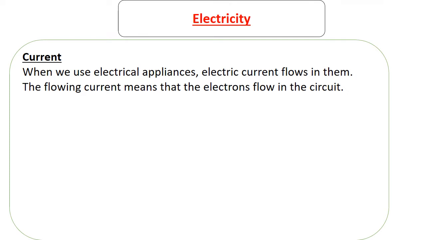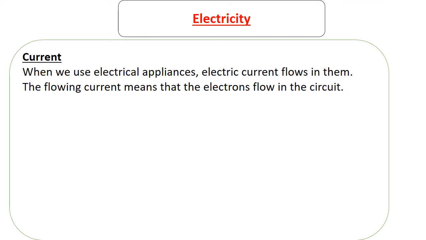It should be like a circle. It starts from here, it moves around and it goes back where it started from. That's what a circuit should be. So electric circuits start from somewhere, then they go back to where they started from. In those circuits, electrons flow, and that flow of electrons is what we call current.